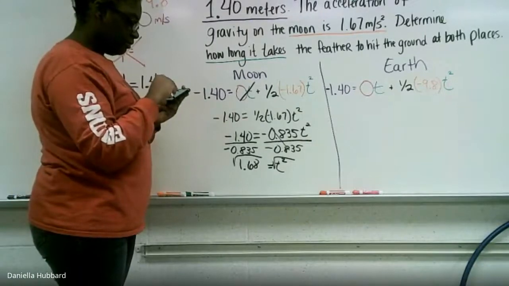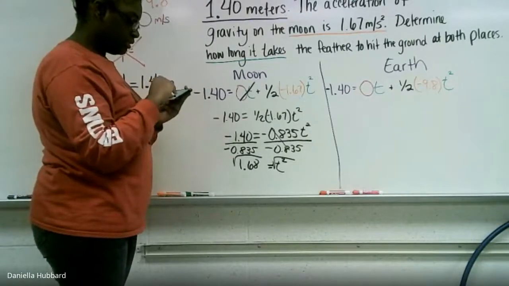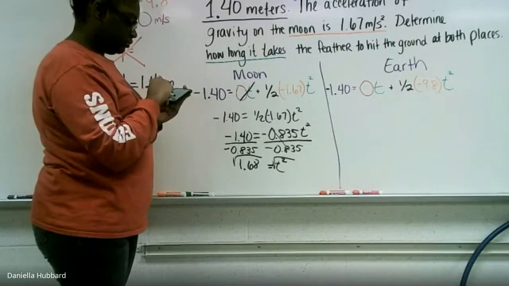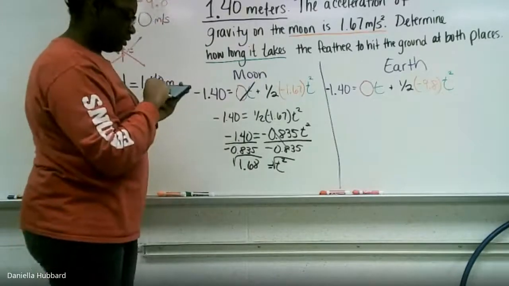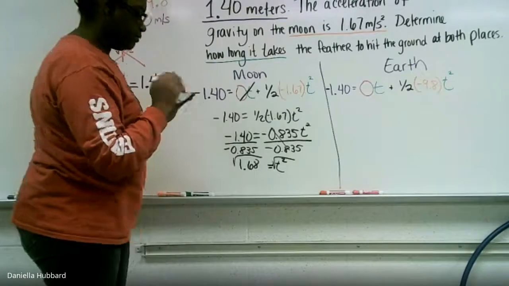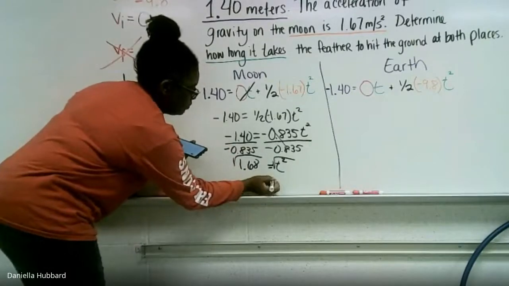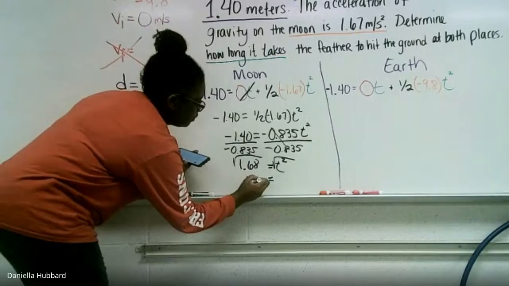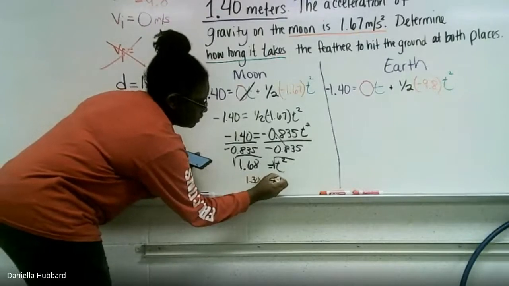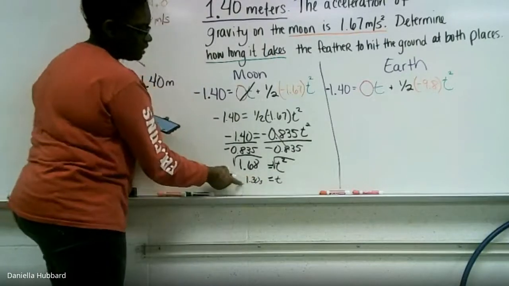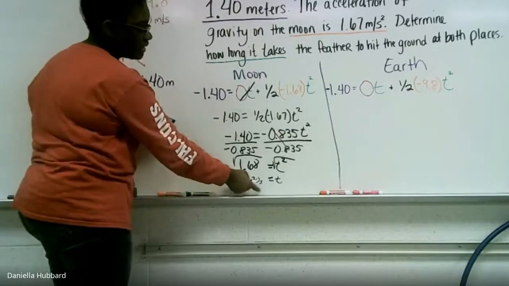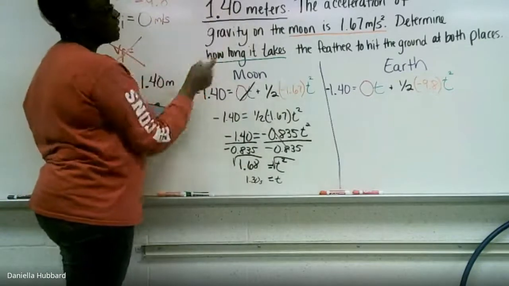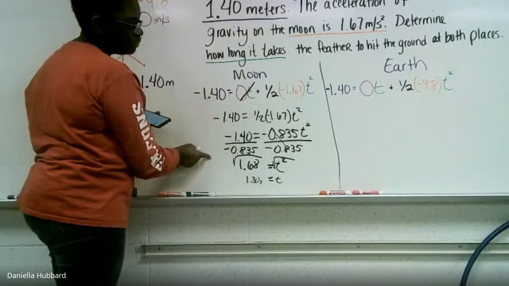So the square root of my answer, 1.68, I get 1.30 seconds as my time. It takes 1.30 seconds for that feather to fall on the moon.